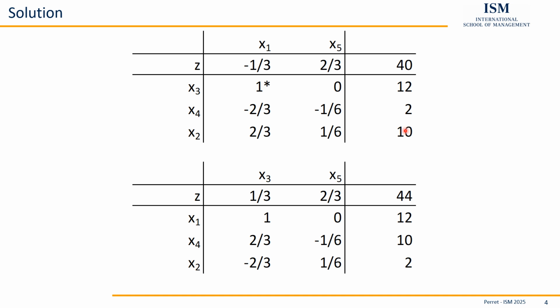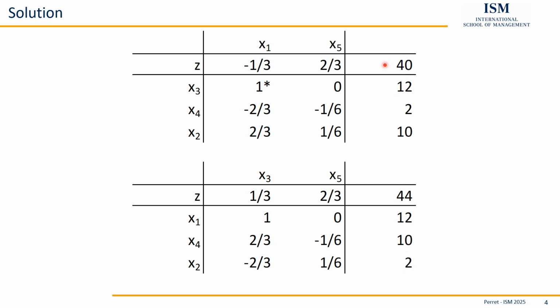Well, for the 10, changing the 10, which I still require, I would have this rectangle. So I would calculate 10 minus 2/3 times 12 divided by 1, giving me 10 minus 8, which is 2.